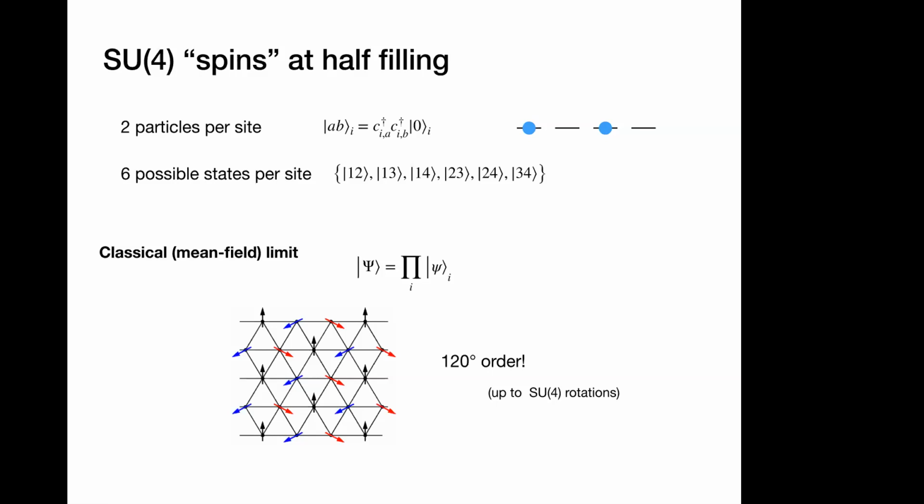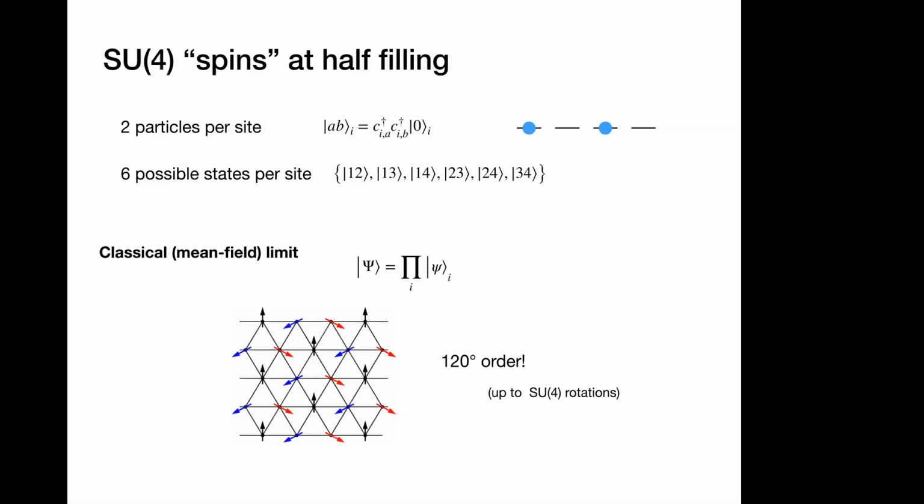But for example, one representative state you could think of is if you put the fermions at each site into a valley singlet, and then you only remain with a spin degree of freedom, which can then order in a regular 120-degree order. That state is then related to the rest of the degenerate manifold by SU(4) rotations.